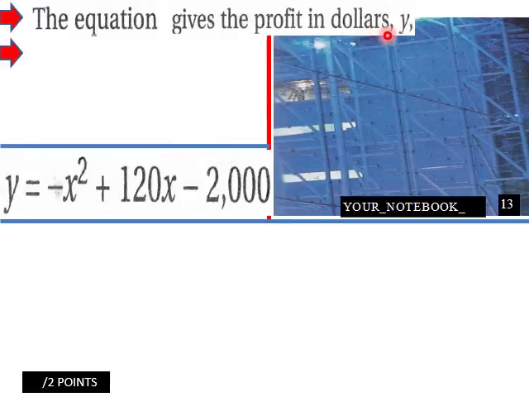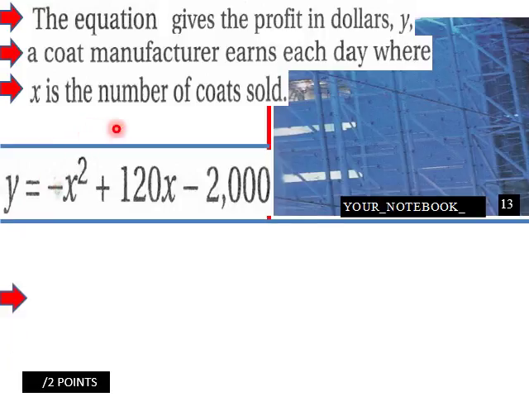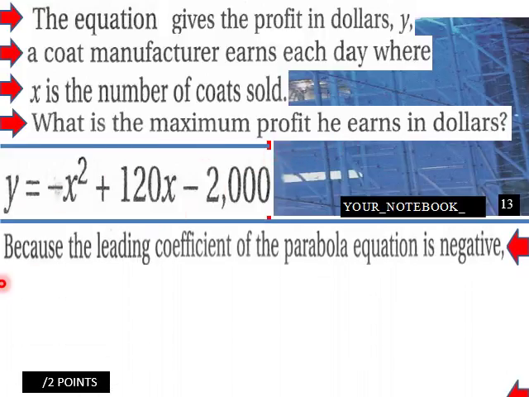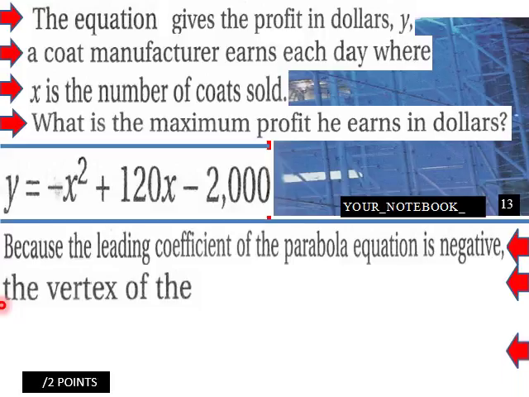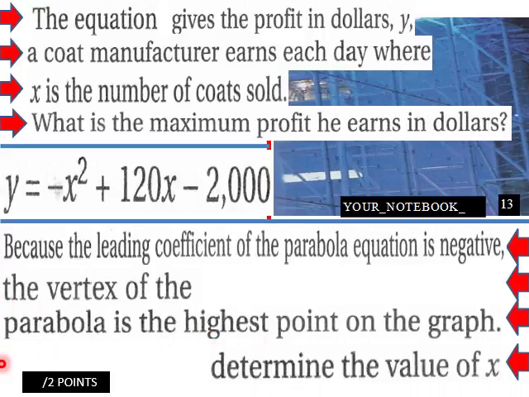The equation gives the profit in dollars y that a coat manufacturer earns each day, where x is the number of coats sold, so this is the quantity here. What is the maximum profit he earns in dollars? Because the leading coefficient of the equation is negative, the vertex of the parabola is the highest point on the graph, which determines the value of x.